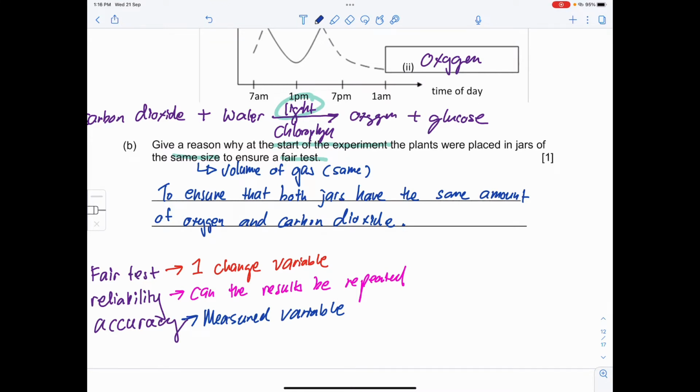Correct? You think about it. Because if you have a jar with more carbon dioxide, it could mean that the plant has an unfair advantage simply because there was a higher amount of carbon dioxide. Okay?